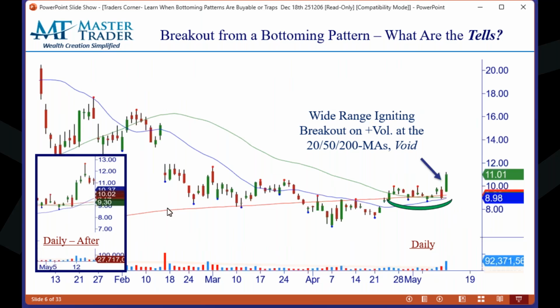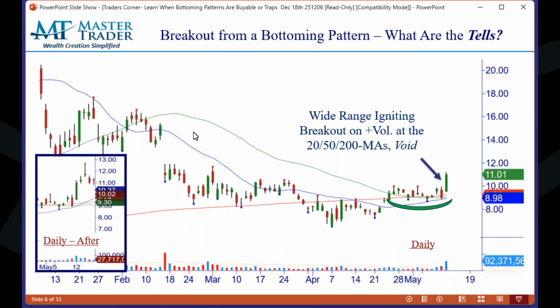So notice, folks, I could actually take the candlesticks off the charts. We do not trade moving averages. But the point I want you to visualize is if you take off the candlesticks, I have a long-term uptrend, the 200 MA.